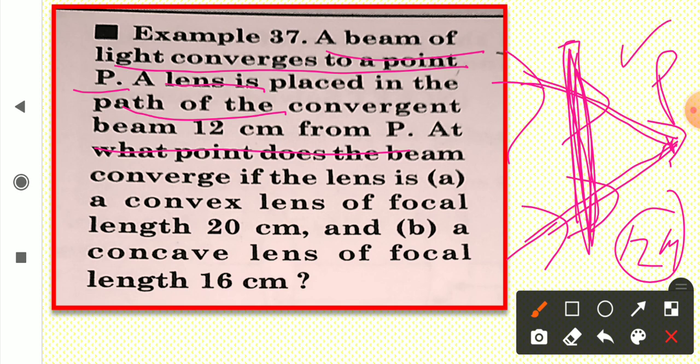So, this point P will act as object for this lens. Remember, the light rays are falling on lens like this and they are meeting at point P. So, this point P will act as object for the lens, and then final image will be formed by the lens.